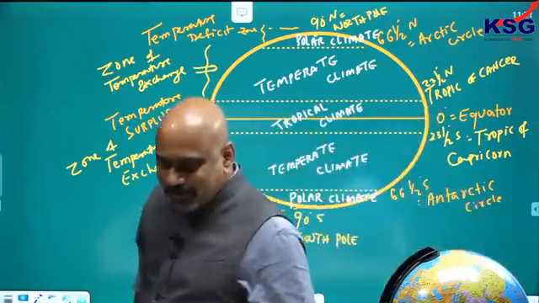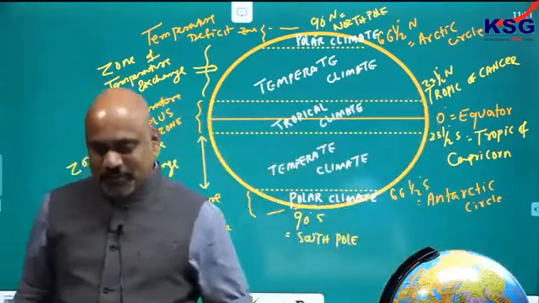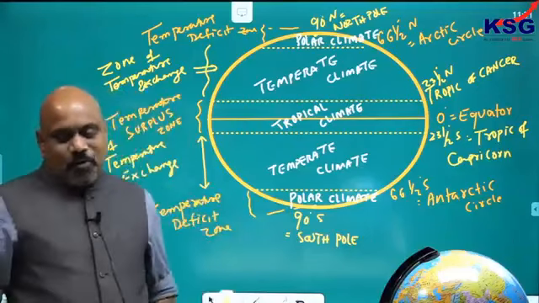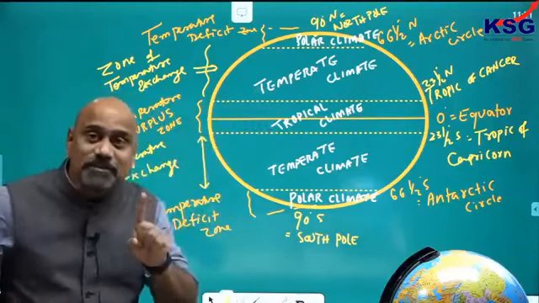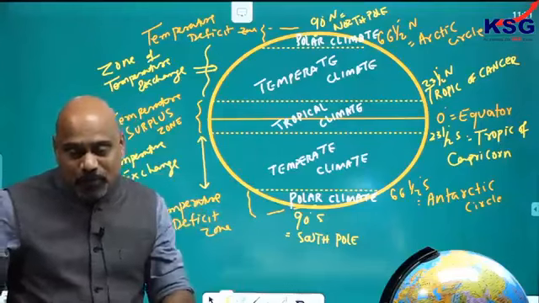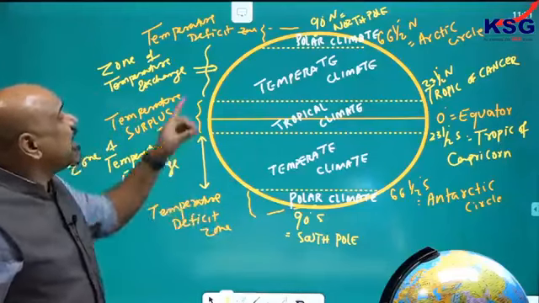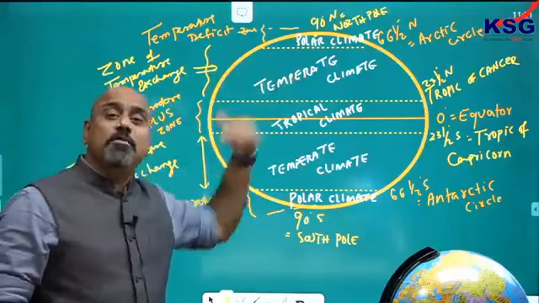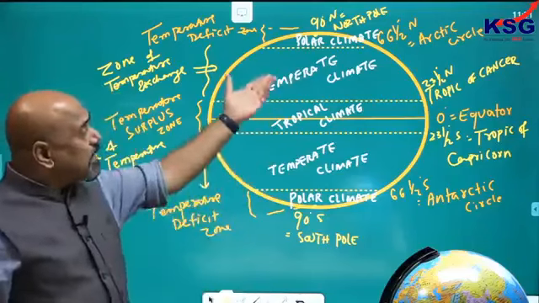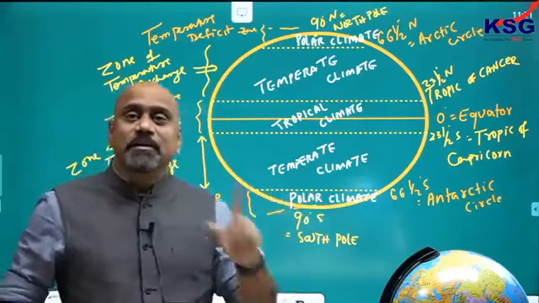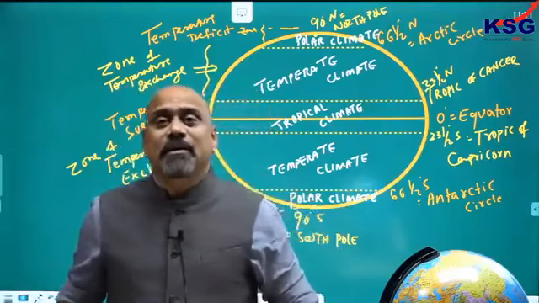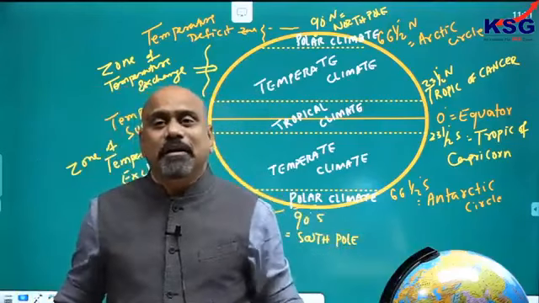My friends, why do we call it tropical climate? Because it is between the tropics. Why do we call it temperate? Because it is the equable climate, neither very hot nor very cold. Why is it polar? Near the pole, cold area. What is the relevance of these three? Temperature will be different here, so climate will be different.